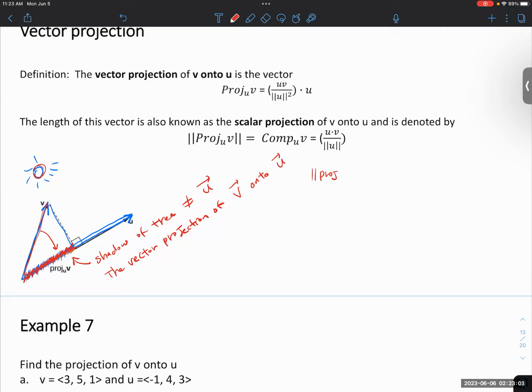So we write the projection of v onto u. So we're going to write it this way. This is what they mean, right? Projection of v onto u. So that's how you write it. So I'm looking for simply the shadow of the tree.